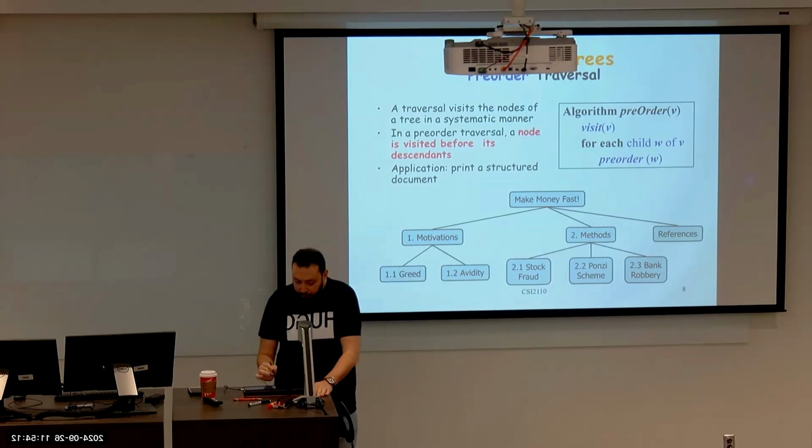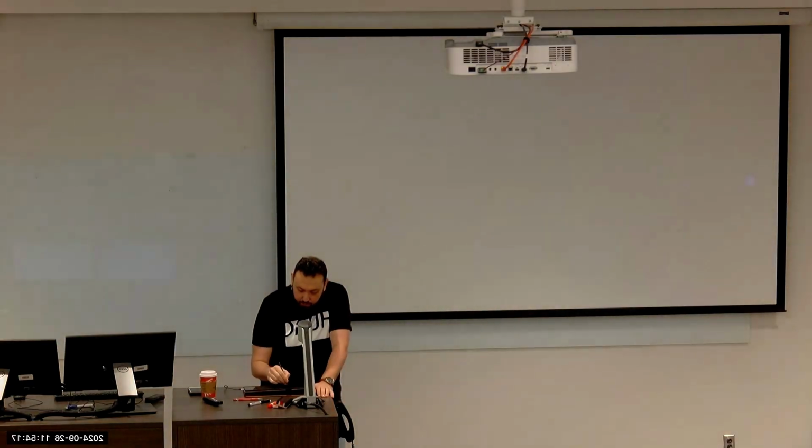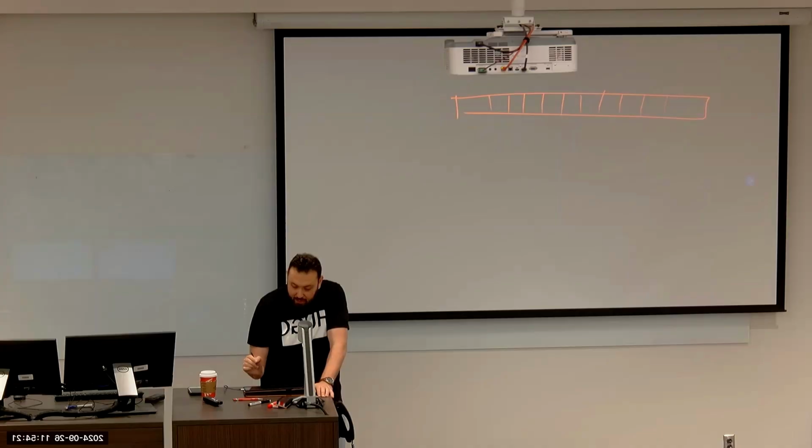Because let's say I have a normal array like this, which is what? If I want to access something, it's O(1), correct? But if I want to add or delete, it's going to be O(n). So anyway, it's linear.